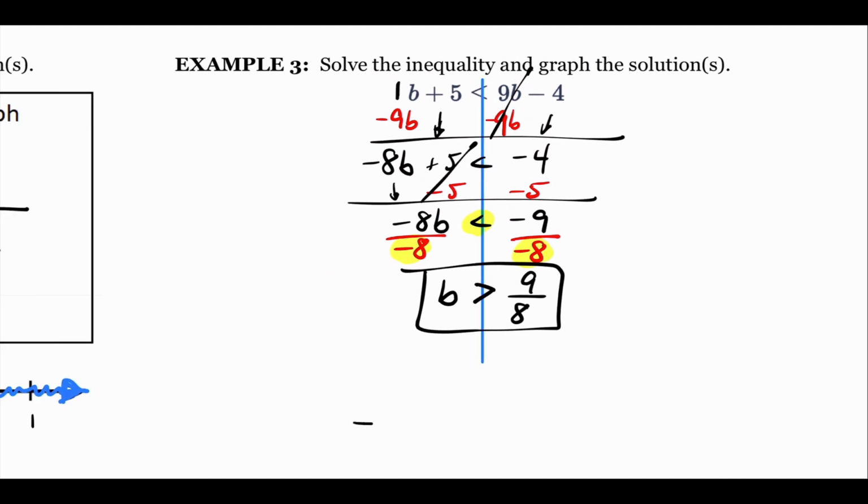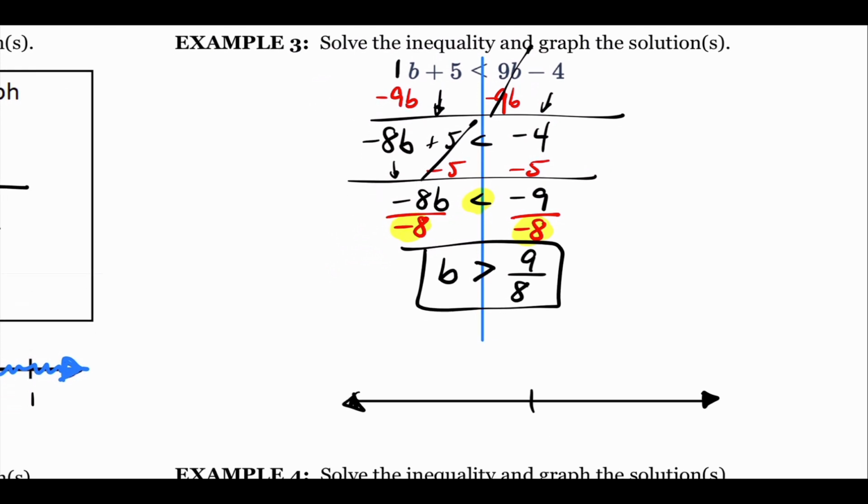So let me graph it. The number goes on the front and center, so 9/8 goes here. Even though it's a fraction, there's still a whole number that's bigger and a whole number that's smaller.